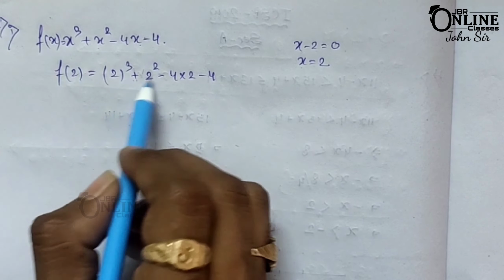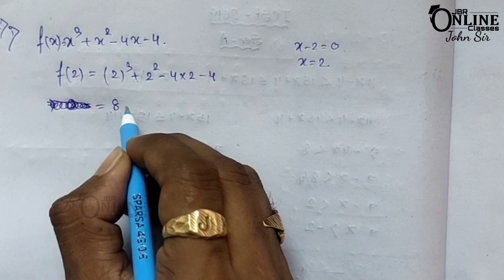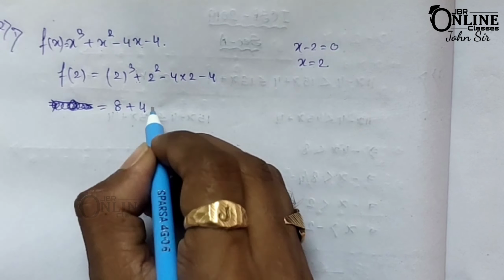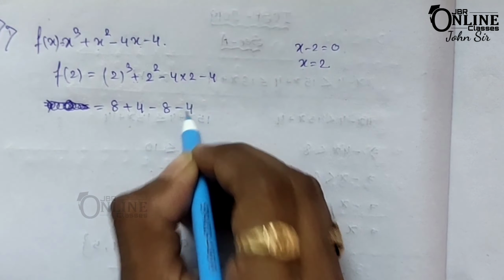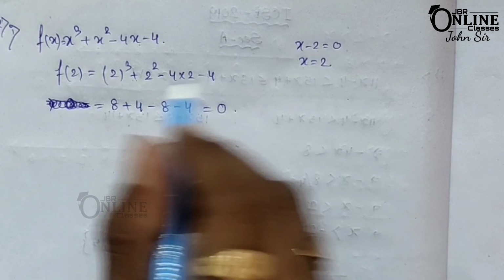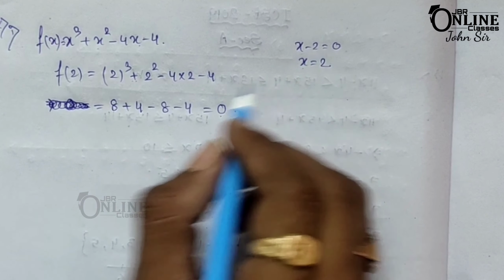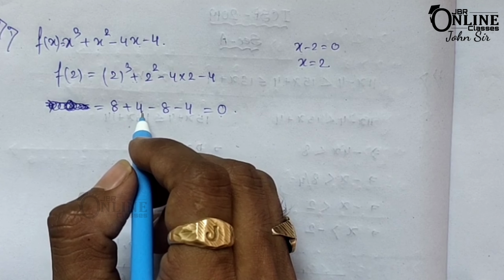So now 2 cube means 8, then 2 square equals 4, then again 8 minus 4, so that equals 0. Okay, so as f(2) equals 0, that means x minus 2 is a factor.